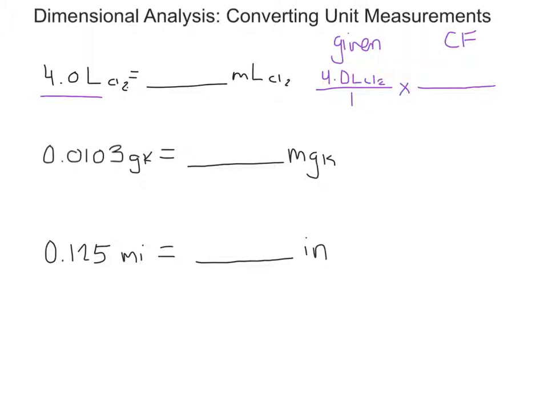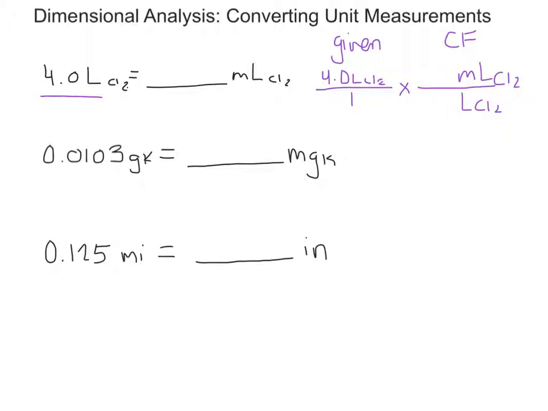So the next step, we see liters on top. In a fraction, if you have a number or a value on top and you have that same number or value on the bottom of another fraction, they cancel out. And that's what we want to do. We don't want liters anymore. We want to get milliliters, and we can convert from liters to milliliters.